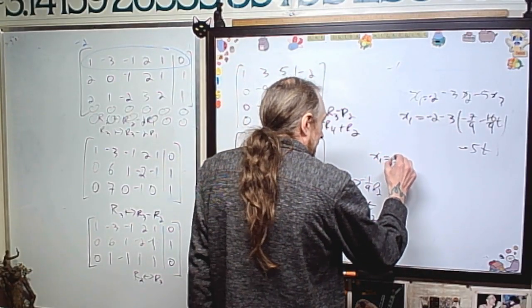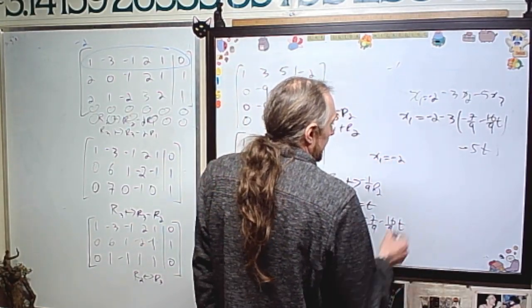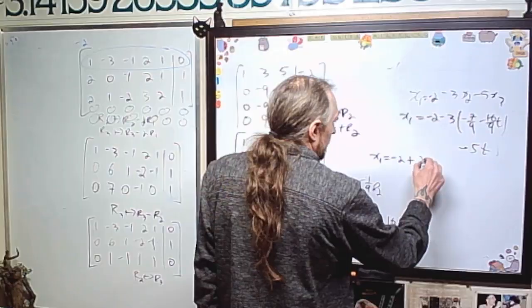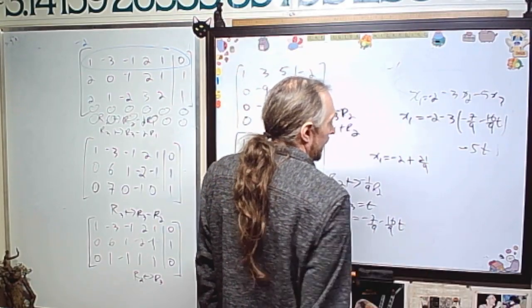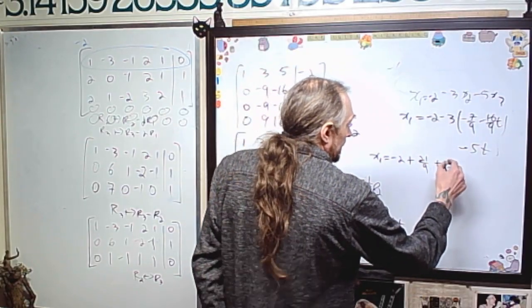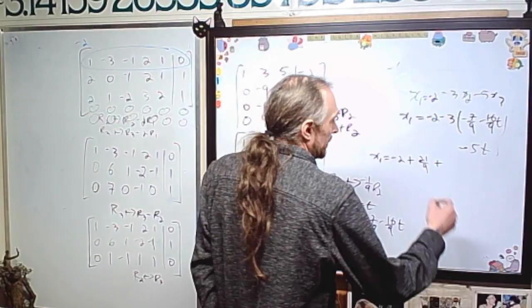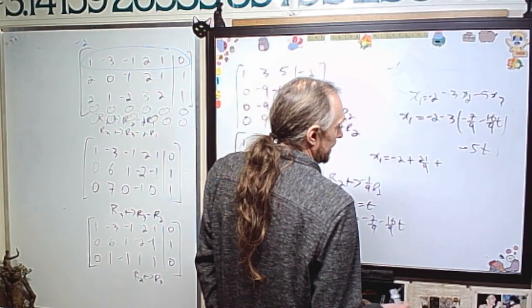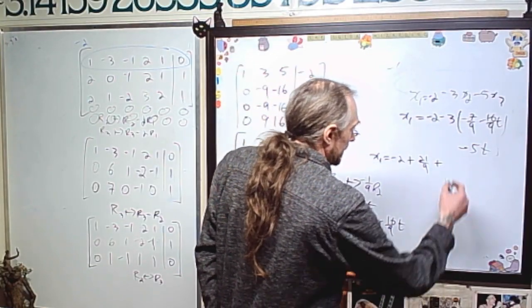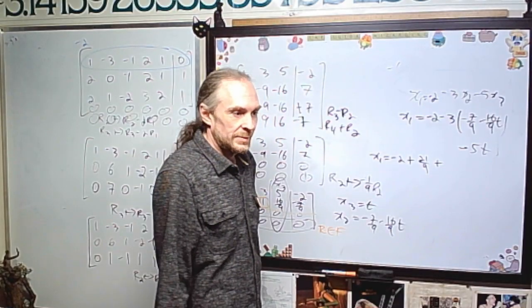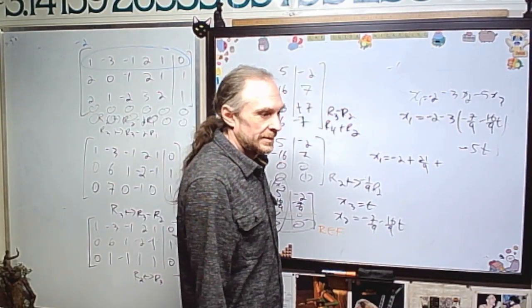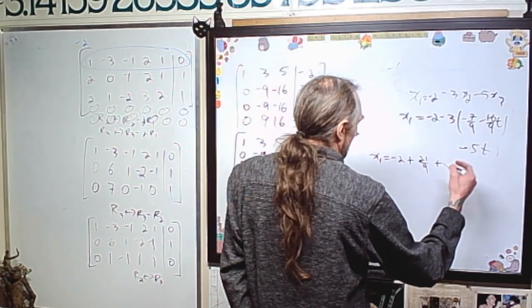So x1 is negative 2 plus 21 over 9 plus, what is that, 16 times 3? 48.